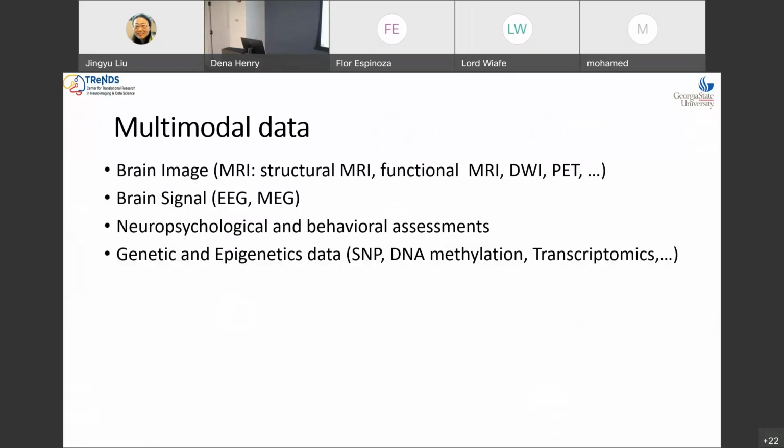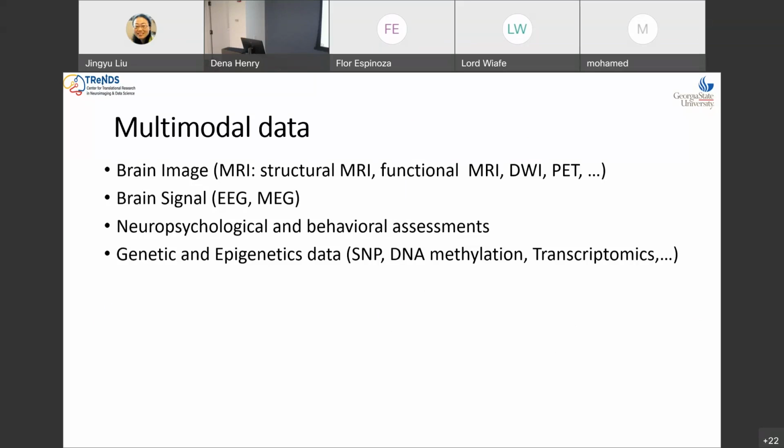Okay, so back to the multimodal, I want to first introduce what data modalities could be used for these projects. Brain imaging data, I assume everyone here is much more familiar with: the structural, the functional, even the MRS. So we have a variety of brain imaging data that can be used. The second is brain signal data, which some may use, some have not yet, including EEG and MEG.